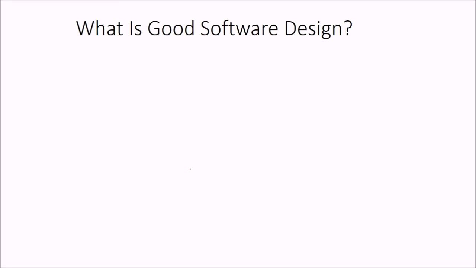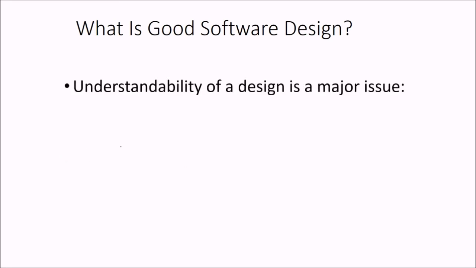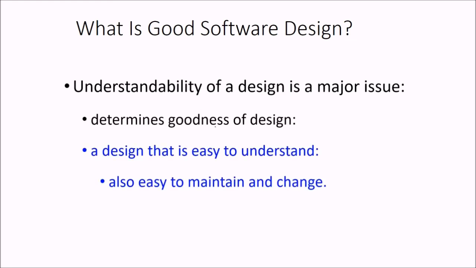Again, you have to have understandability of the design, which is a major factor, because it determines the goodness of design. A design that is easy to understand. Once you are aware of the design, then you can easily maintain it anytime, and you can verify, change, and modify. So there are many things involved with understanding a good design.